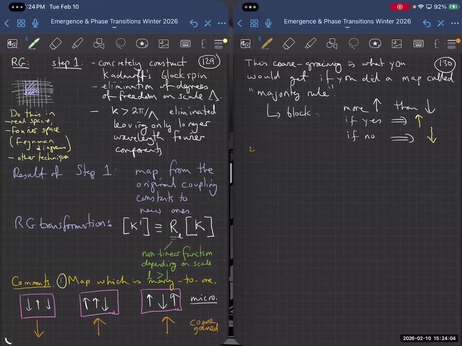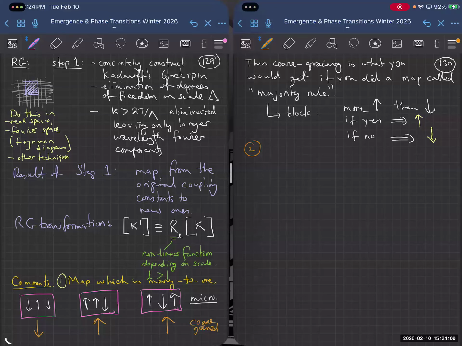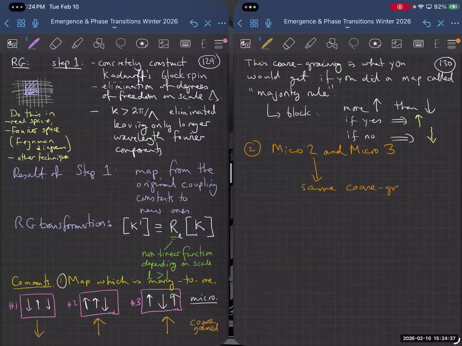Comment number two is that if I look at these configurations, let me call them configuration number one, number two, number three, then both configuration two and configuration three go into the same coarse-grained configuration.